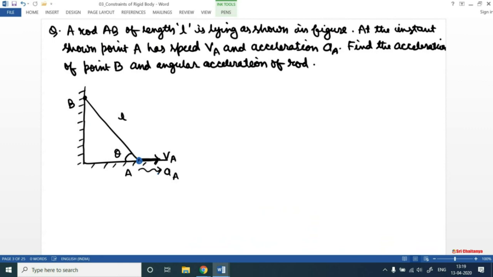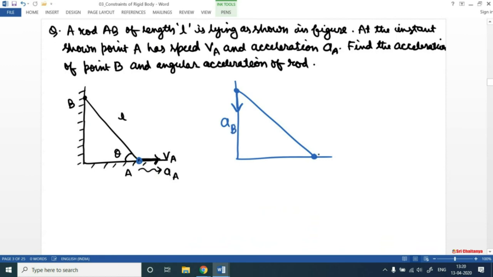So let's draw this figure again, and this time we will be looking for the acceleration of point B with respect to point A.